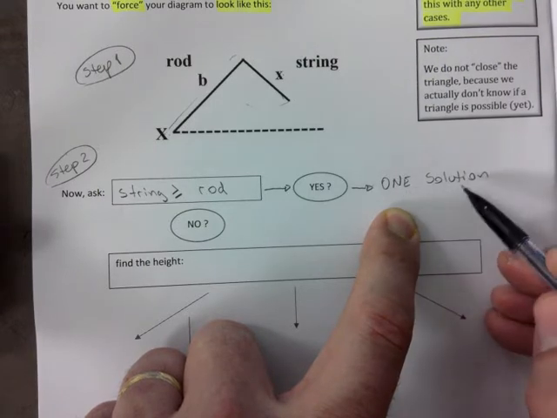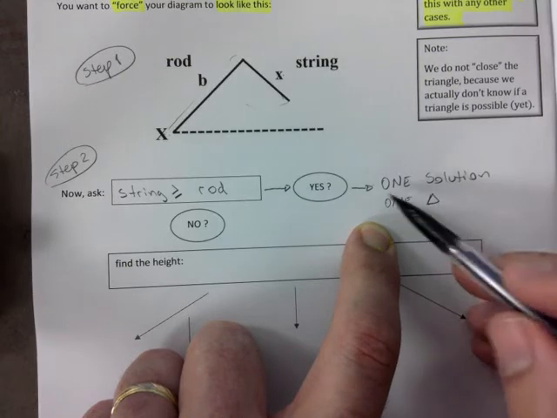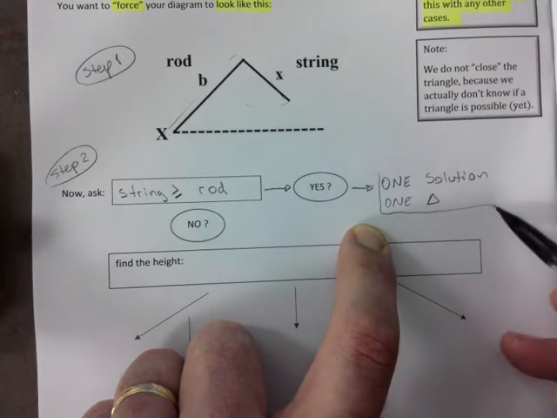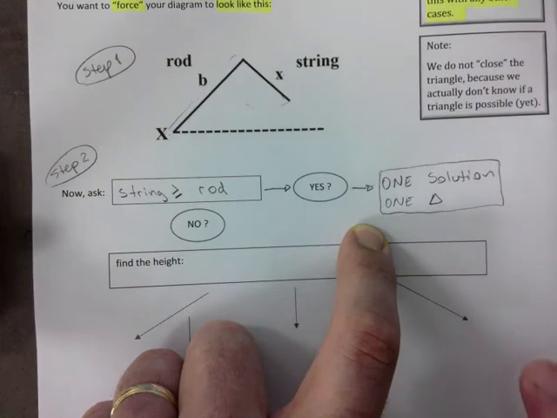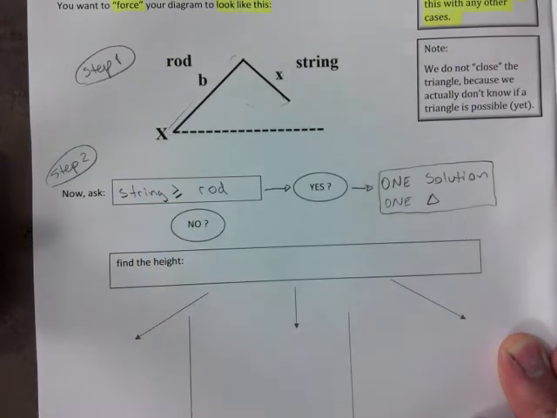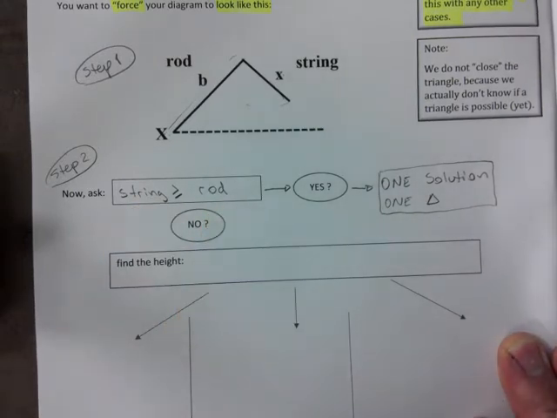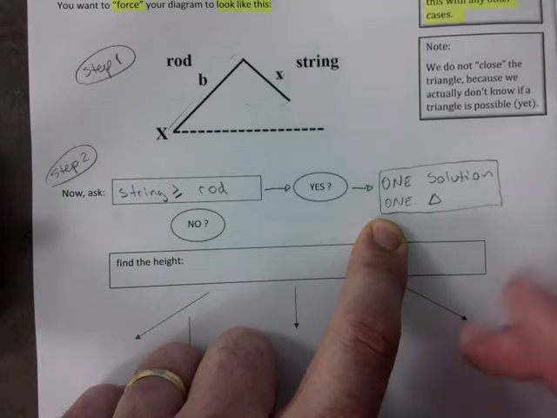One solution or one triangle, it's the same thing. So you're done. You don't have to worry about it. This is what I always ensured was the case. For all the triangles you got, I made sure the string was longer than the rod. I will make a note here.